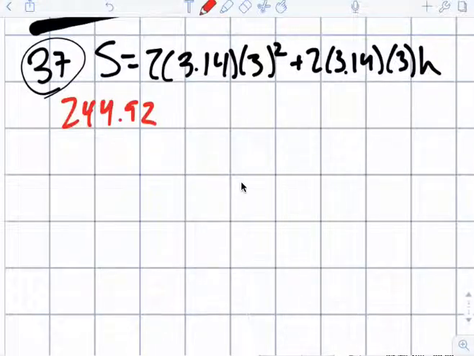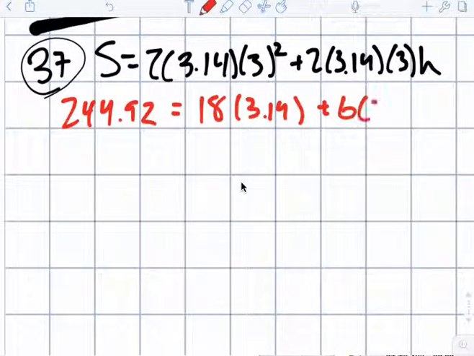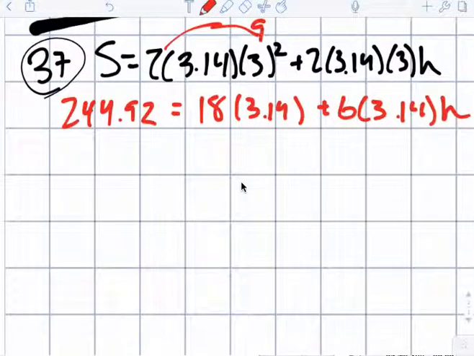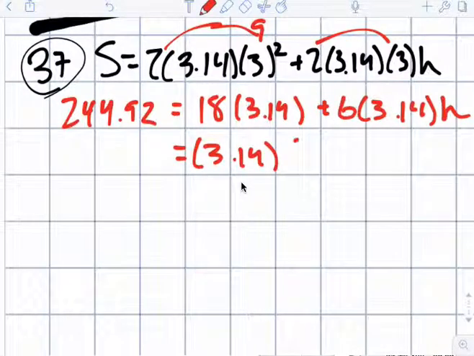Okay, so we get 18 times 3.14 plus 6 times 3.14h. That was just 2 times 9 and 2 times 3, and so I can multiply those out. I'm going to do this a little bit differently.